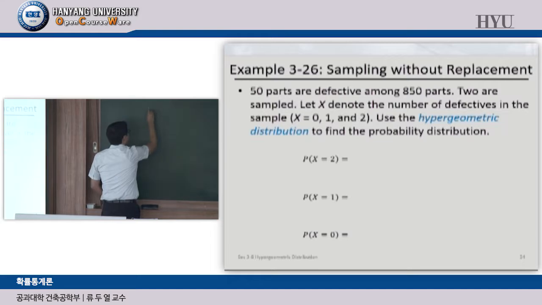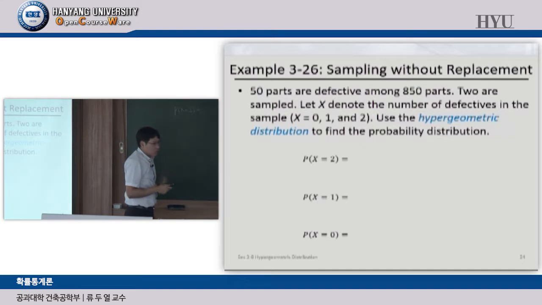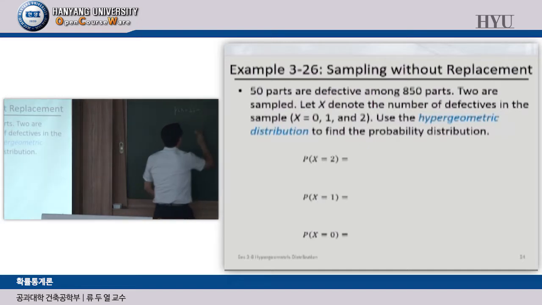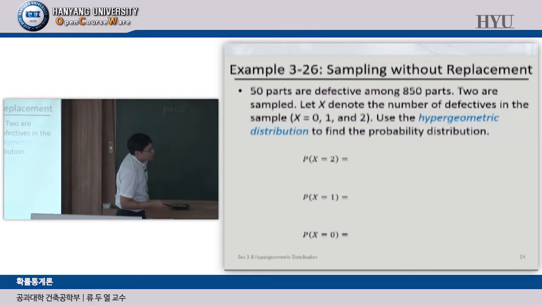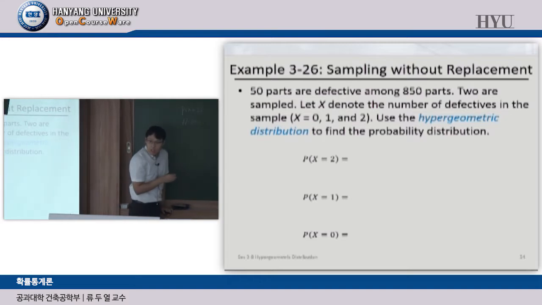What is the probability of x when x is equal to 2? Based on the previous equation, before solving this problem, we have to find large N. Large N is 850. Large K is 50, so N minus K is equal to 800.